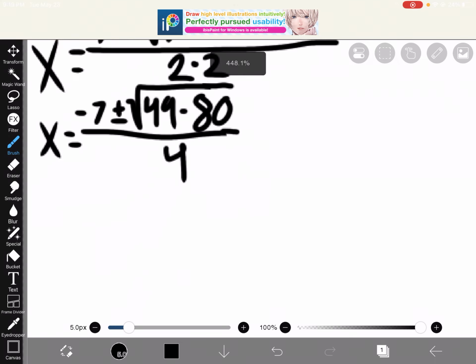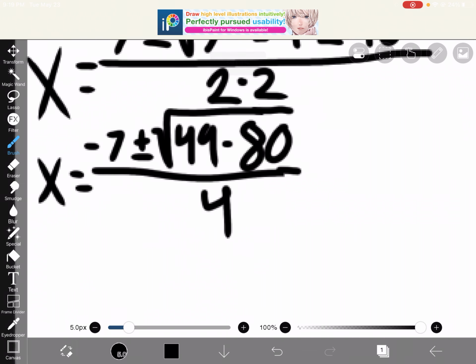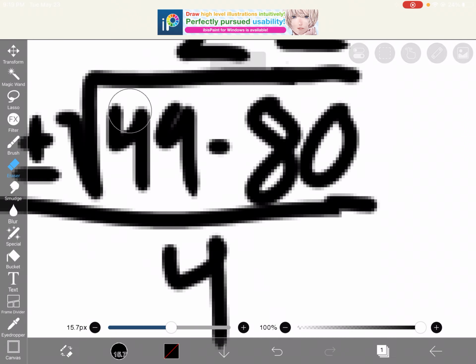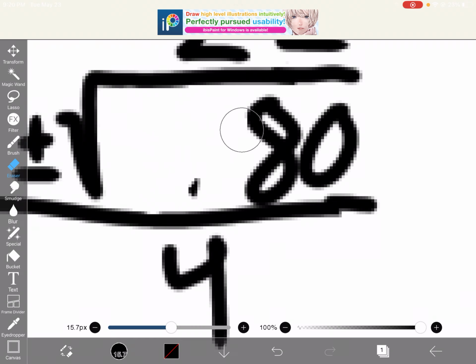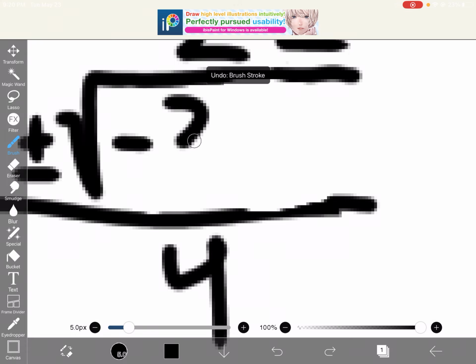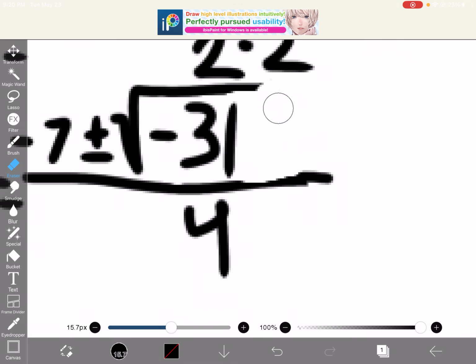So now we have negative 7 plus or minus the square root of 49 minus 80, which we can easily turn into negative 31. And so we got our answer here.